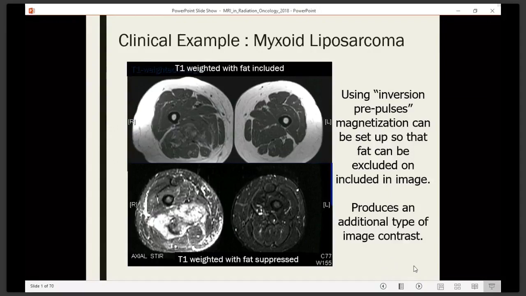So this is one way we can increase the contrast, and this particular approach uses what we call inversion pulses, or an inversion recovery type sequence that causes this type of contrast to stand out.